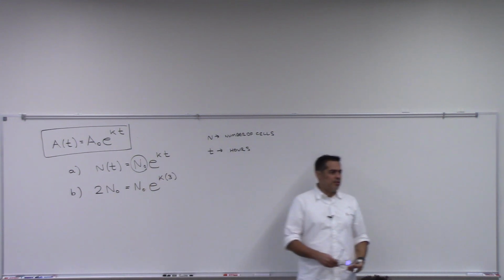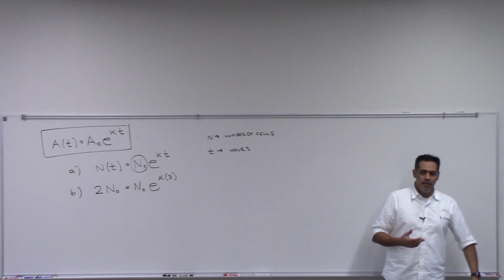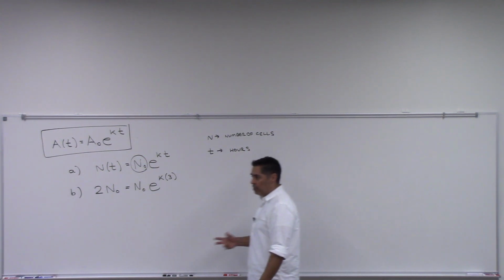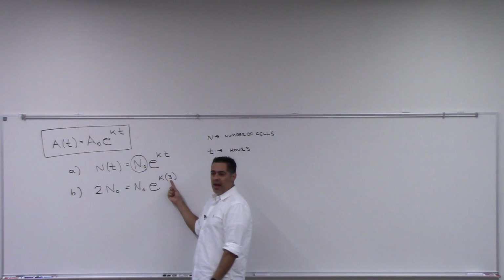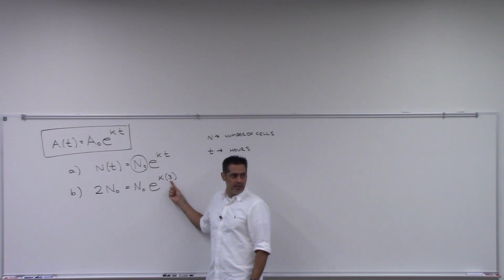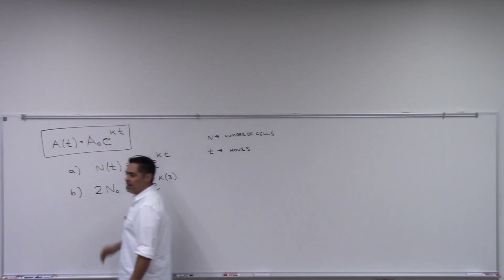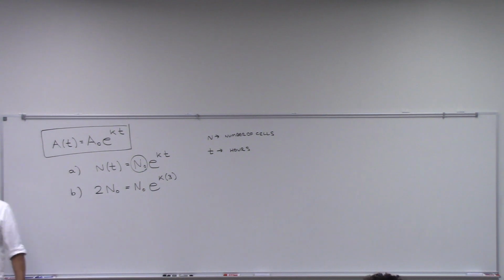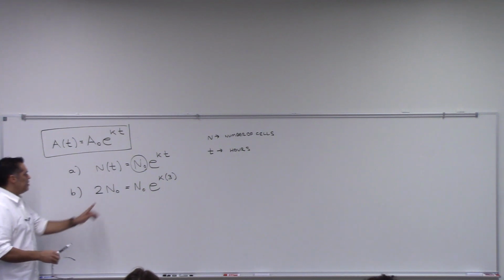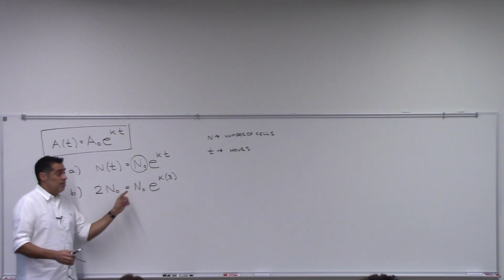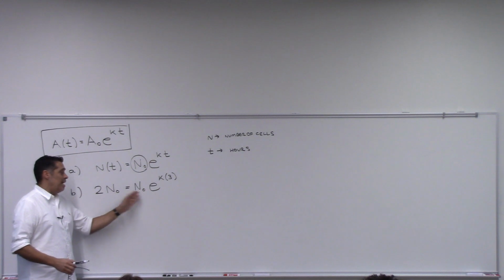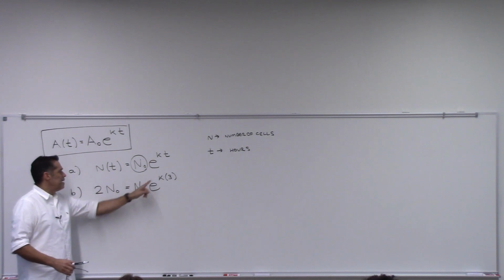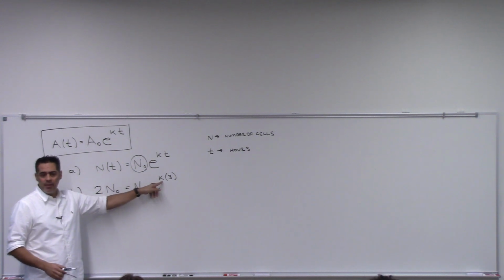I'm using the information that they provided me in part B, that the bacteria doubles in 3 hours. Got it? Do y'all see that when I write it this way, how many things do we not know right now? Well, I don't know the initial amount, right? I just still don't know the initial amount, but I do know that it doubles.